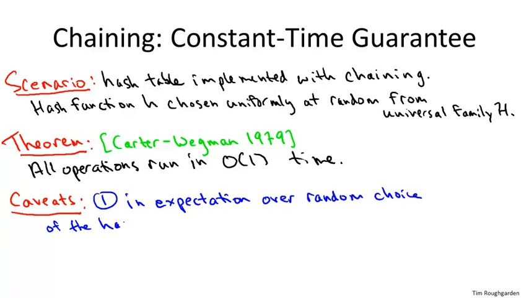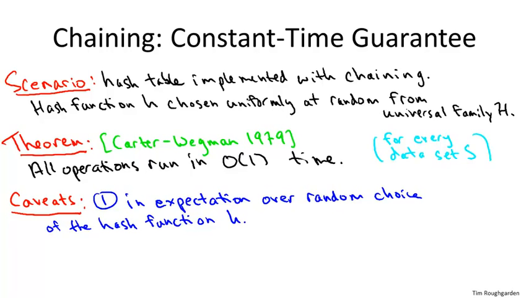In quicksort, we made no assumptions about the data. It was a completely arbitrary input array, and the guarantee said on average over the real-time randomized decisions of the algorithm, no matter what the input is, the expected running time was n log n. Here we're saying again, no assumptions about the data. It doesn't matter what you're storing in the hash table. In expectation over the real-time random decision of what hash function you use, you should expect constant time performance, no matter what that data set is.